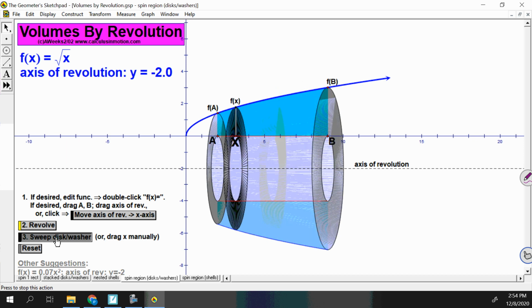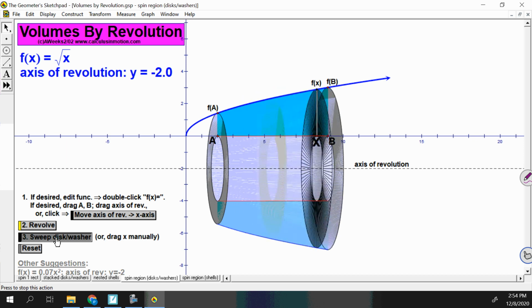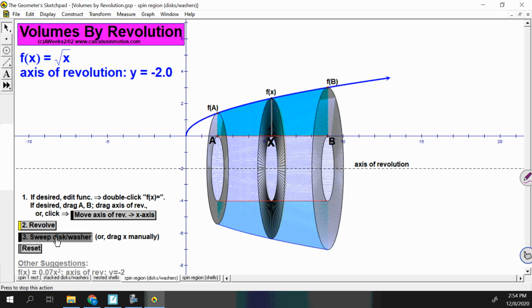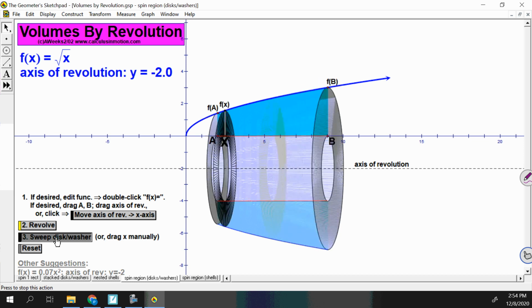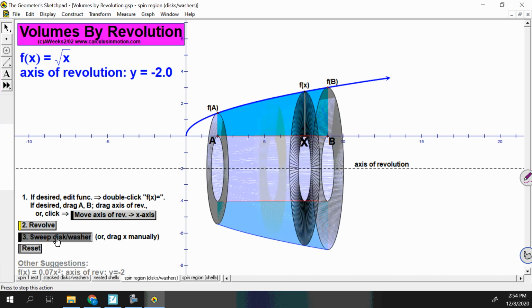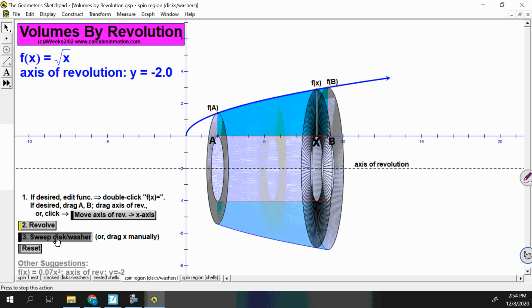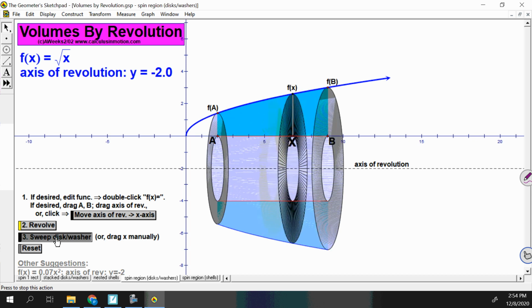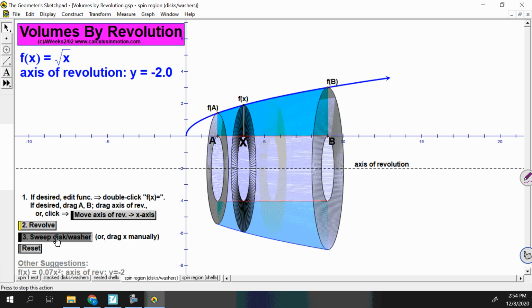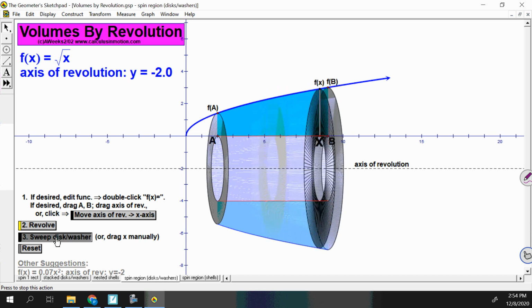So because we have a washer shape, a washer meaning that there's a circle cut out of the middle, we're going to do pi times an outer radius squared minus pi times an inner radius squared, and then multiply that by our little bit of thickness, which is like the height of the cylinder.